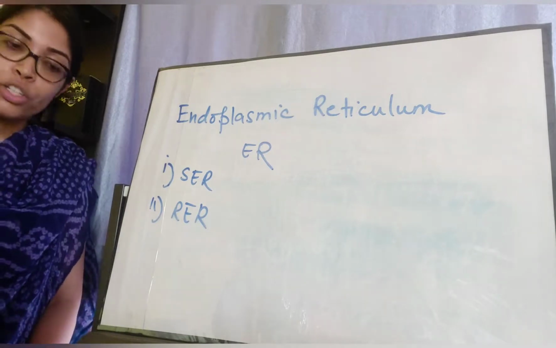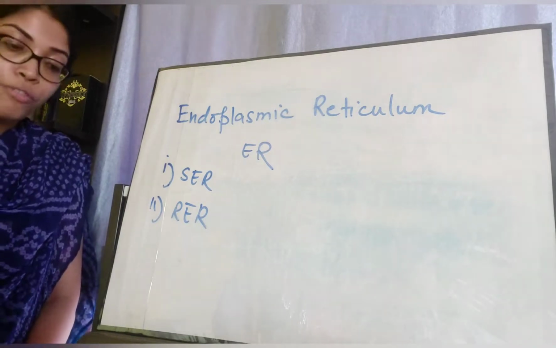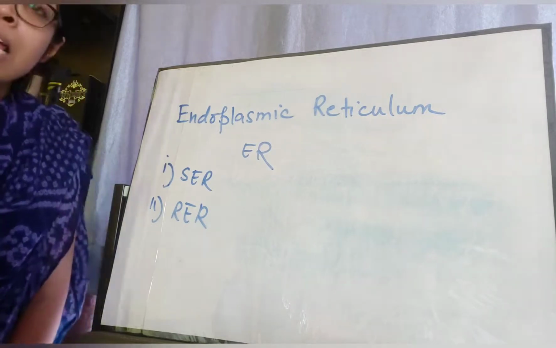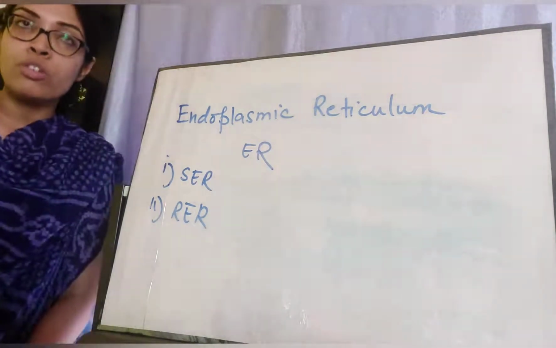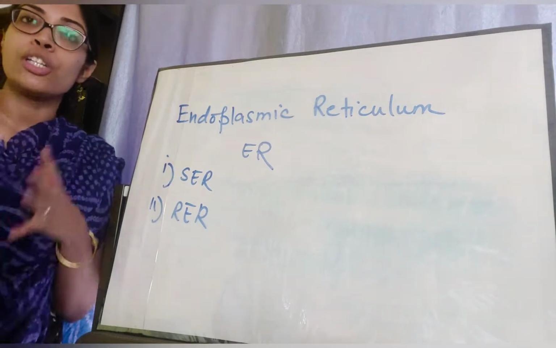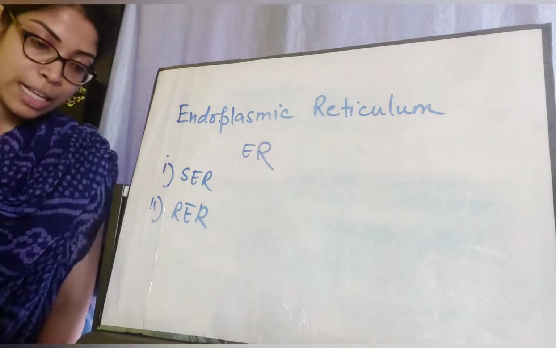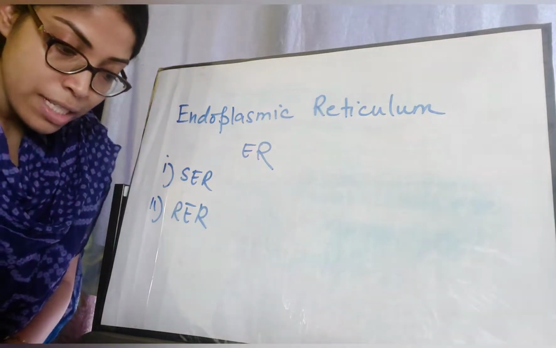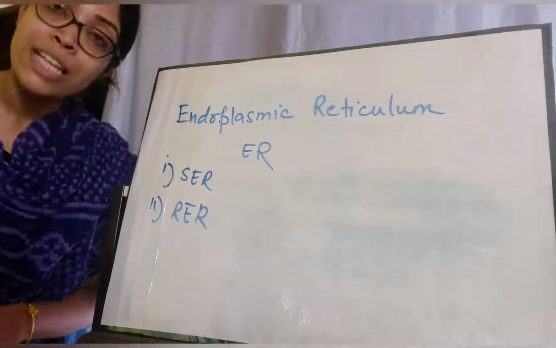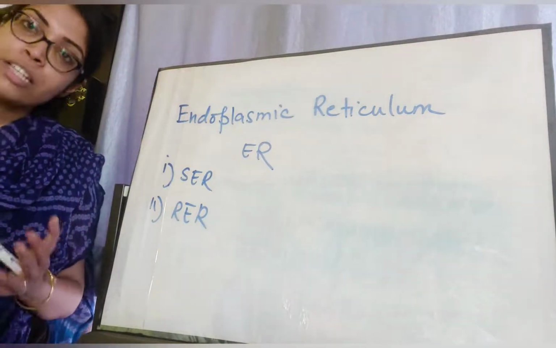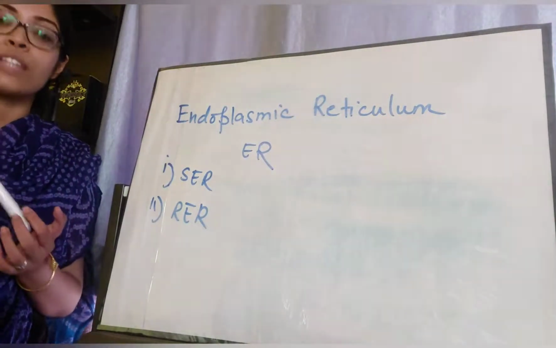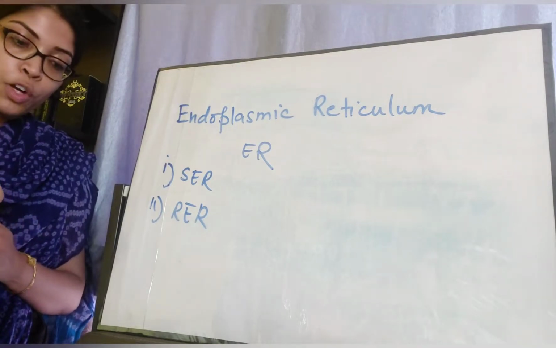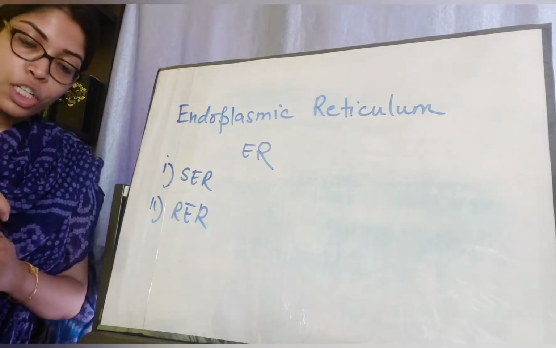Next, moving on to the functions of the endoplasmic reticulum. Obviously, the main function is that it provides mechanical support. It forms a structural framework for the cell and gives support to the cytoplasmic matrix. So the first and most important function is mechanical support. The next point is circulation and exchange.